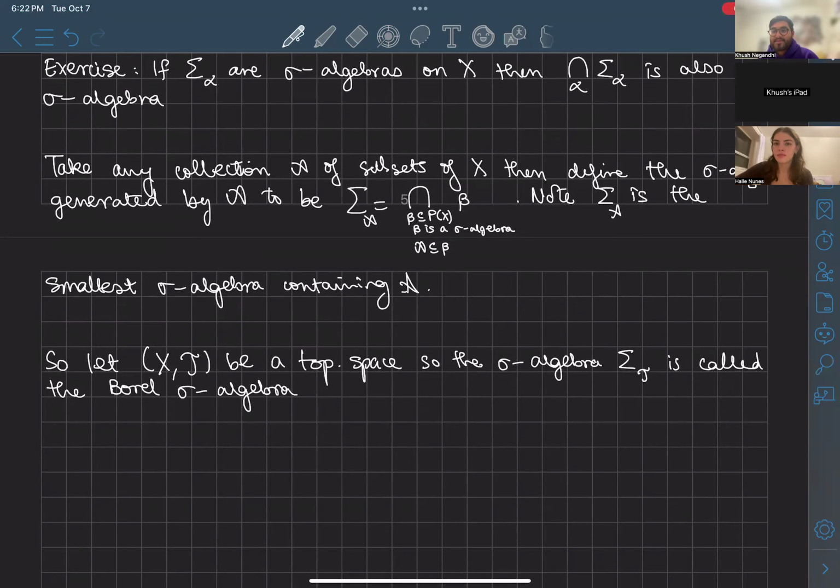Okay. So now let's come back to Earth a little bit and look at an easy example. Can we sort of describe the Borel sigma algebra of R^n with the standard topology?